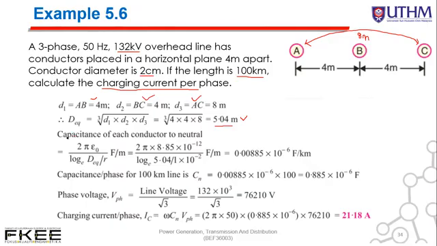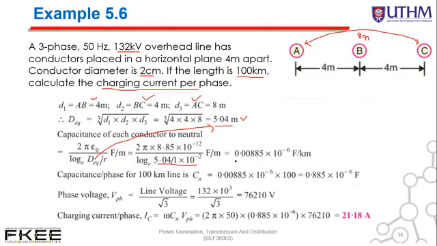The capacitance of each conductor to neutral we can calculate using this equation, 2 pi epsilon naught over log D equivalent over R. D equivalent is 5.04, R is 1, because diameter is 2, so radius is 1. We replace the values in this equation.